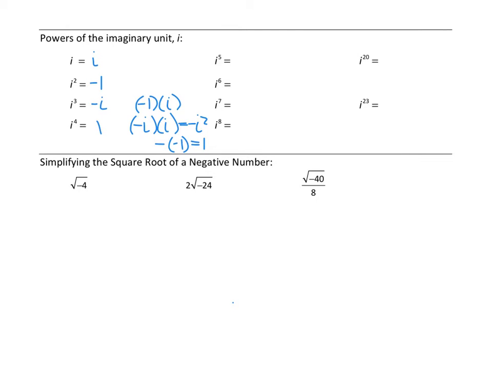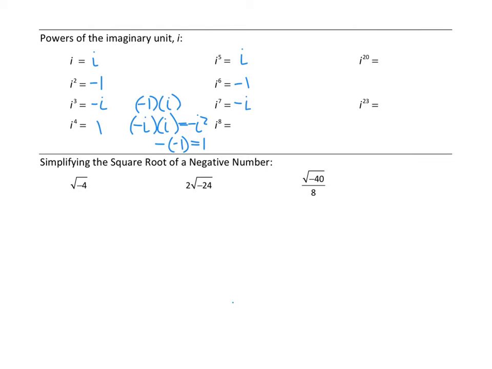Now if we multiplied that by another i, for i to the fifth power, we'd be back to i. And if we multiplied that by another i, we would get -1 again. And the pattern continues. So i to the seventh is the same as i to the third, which is -i.